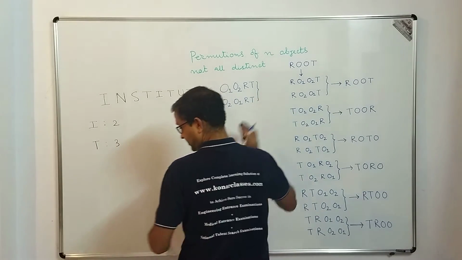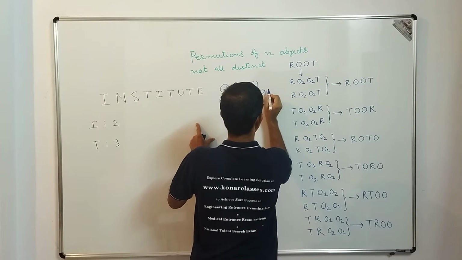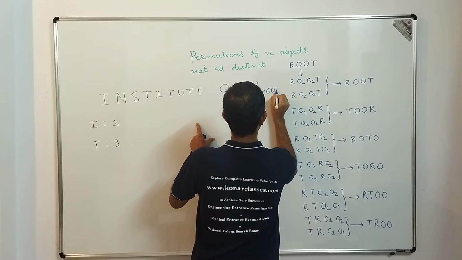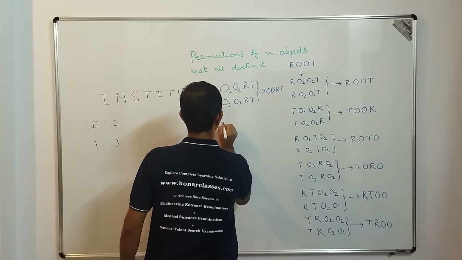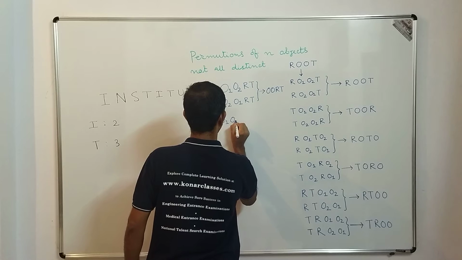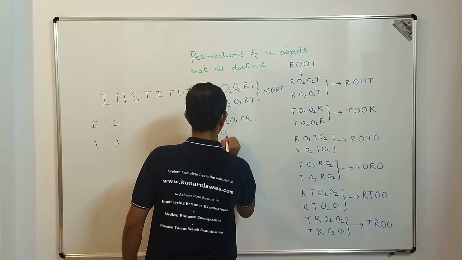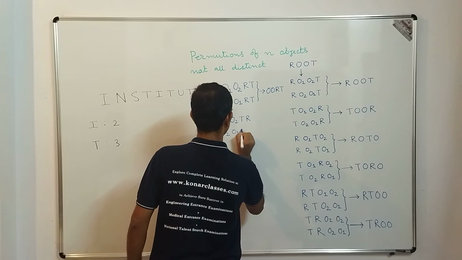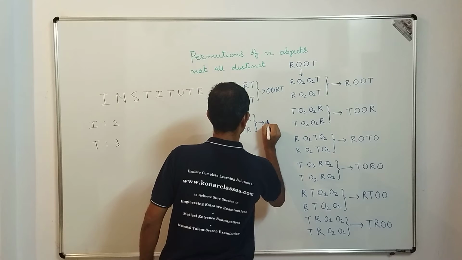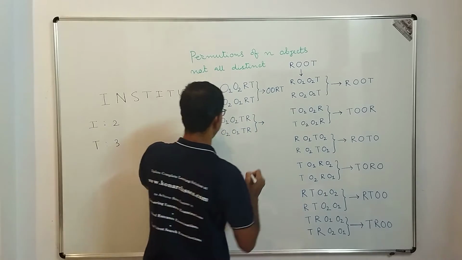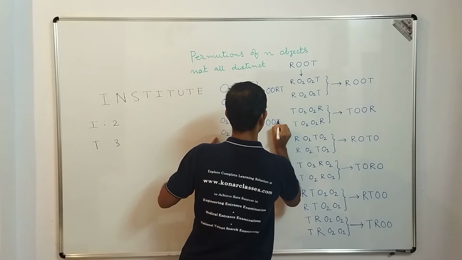This can be written as OORT. Similarly, we get O1 O2 TR and O2 O1 TR, and these two can be clubbed together and we get OOTR.